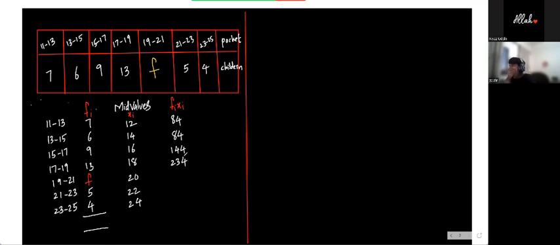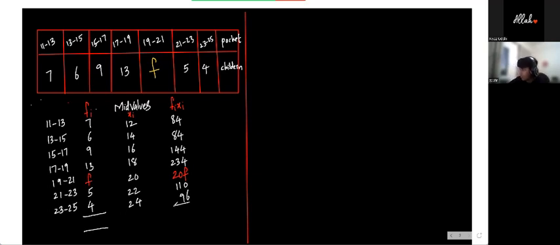Then 20 multiplied with f, 20f. Then 22 fives are 110. And 24 fours are 96.